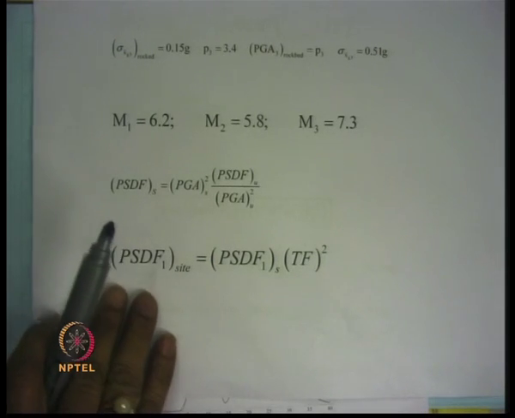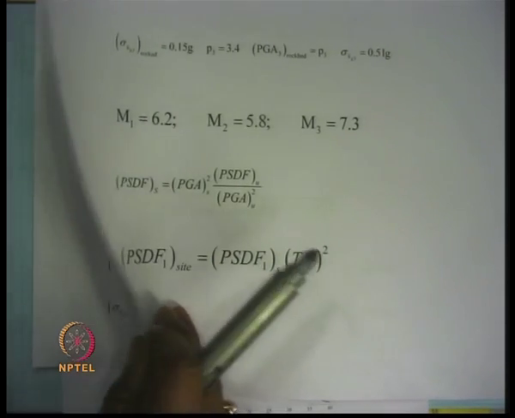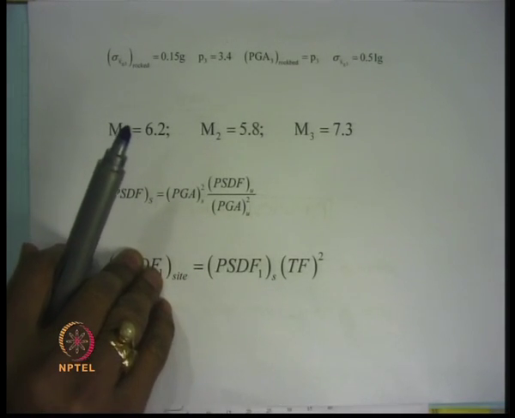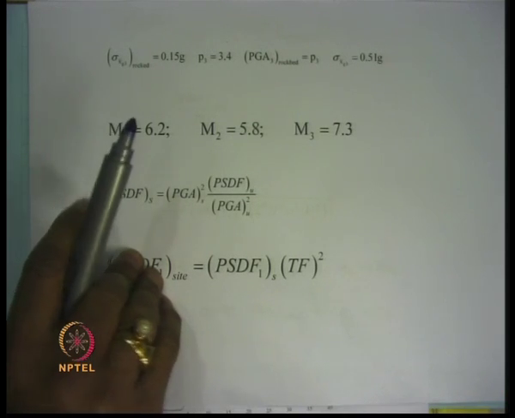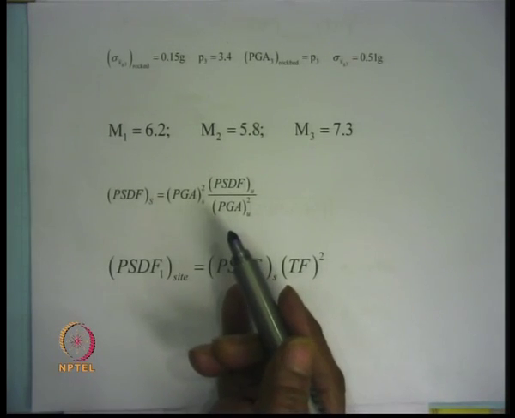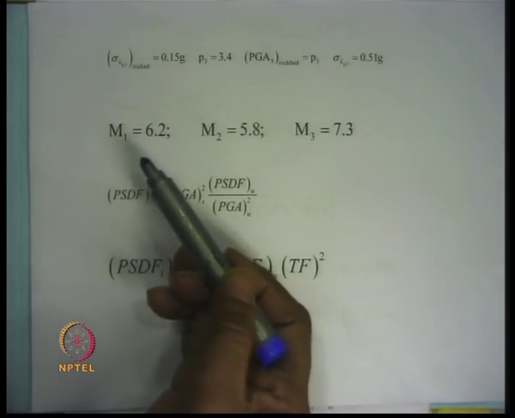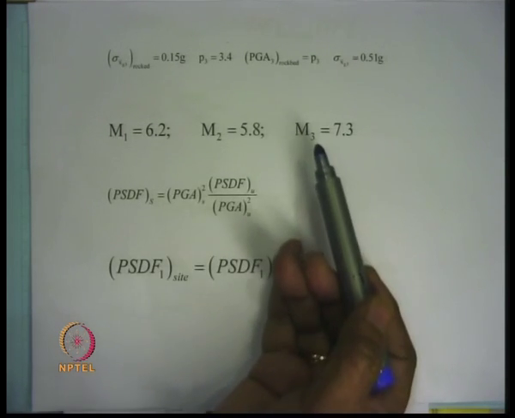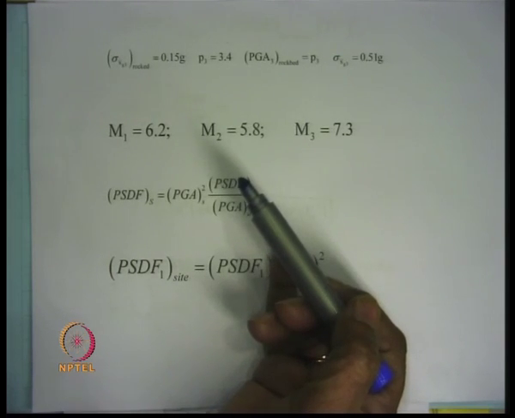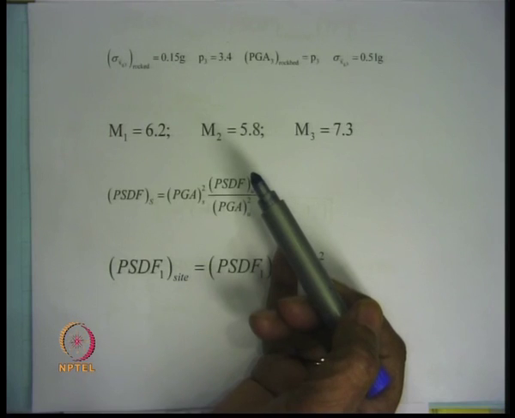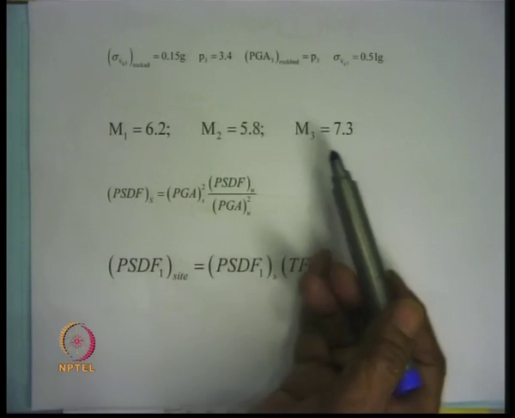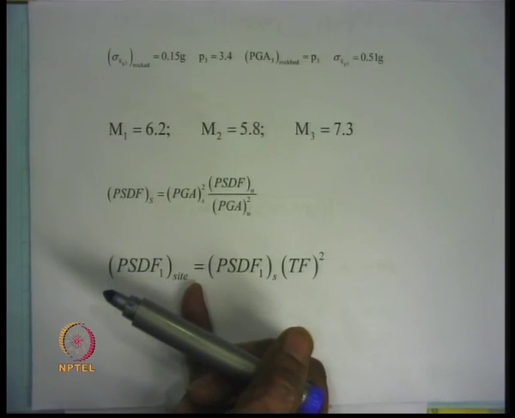Now, it is specified that the site specific spectrum should correspond to a magnitude of earthquake which is equal to 7. Therefore, all the power spectral density functions which were obtained at the rock bed level for site 1, site 2 and site 3 must be scaled for the magnitude of earthquake, that is these magnitude levels should be brought to the level of 7.